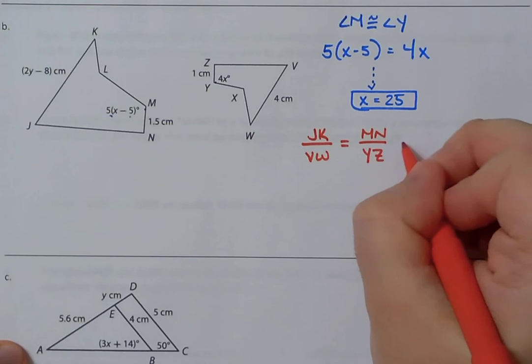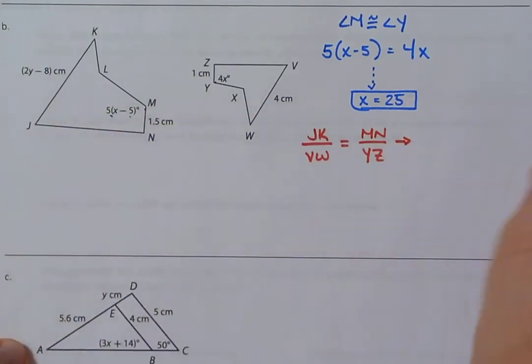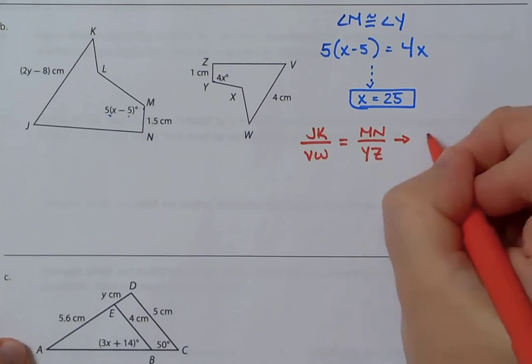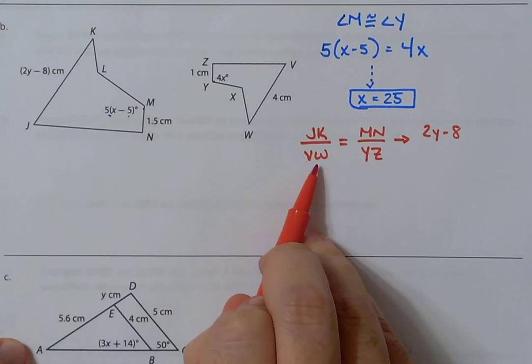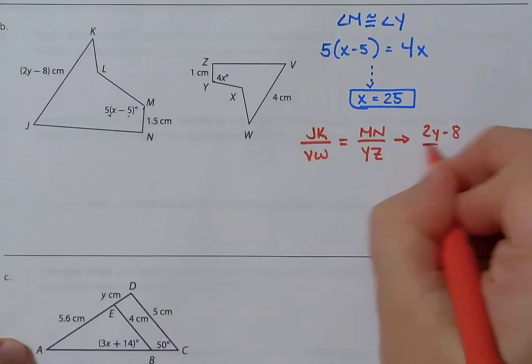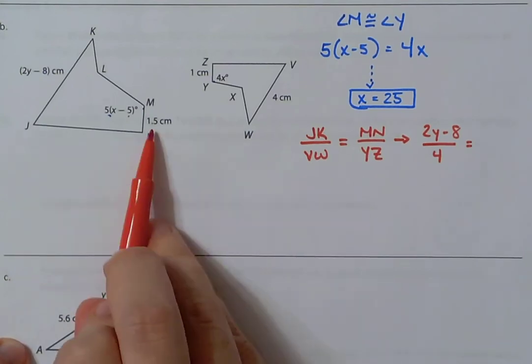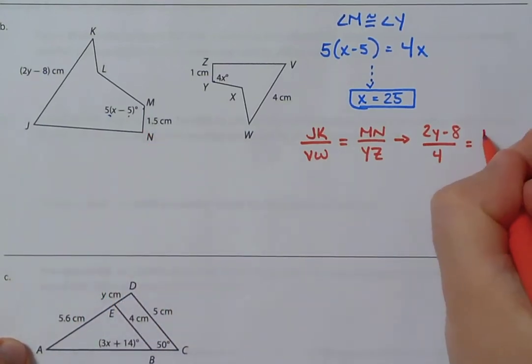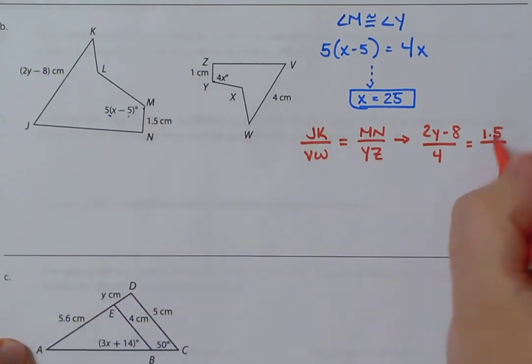So if we set up our proportion, we know that JK is this 2y minus 8. We know that VW is 4. And then that's going to be equal to MN is 1.5, and YZ is going to be 1.